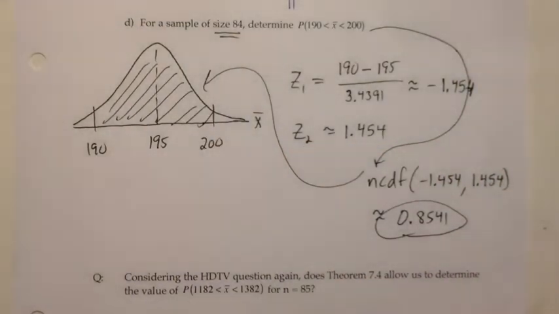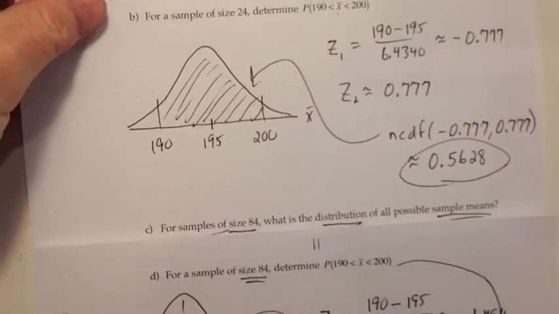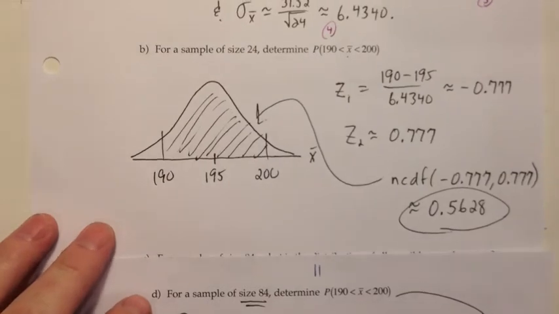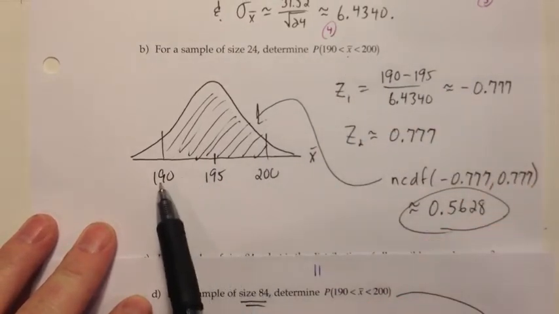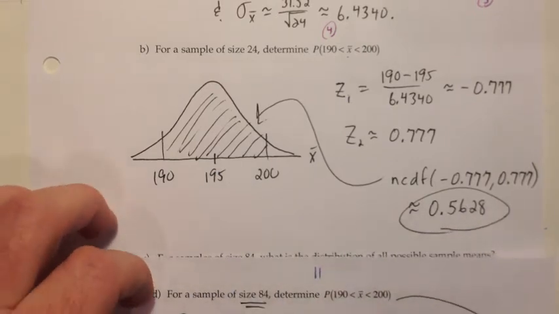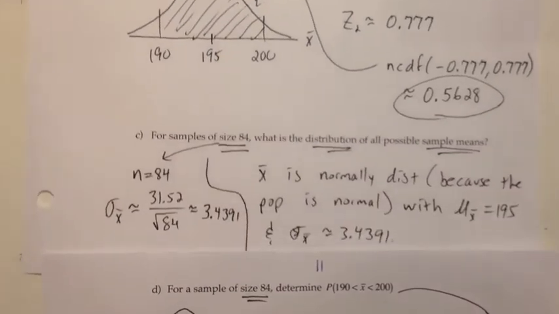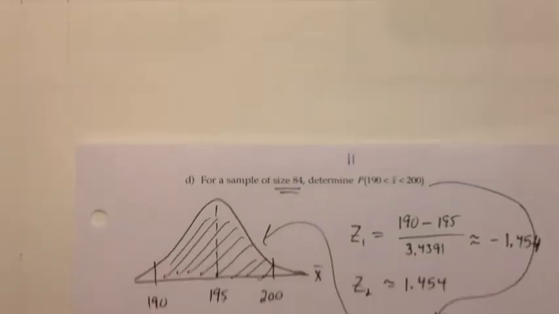Alright, so just kind of a quick summary of what's going on there. We said that if you were to use a sample of size 24, and if you thought of the hypothetical situation where you're getting paid if you land within 5 units of 195, the chance of landing in that distance and getting paid is 56.28%, which is not that good. But if you up the sample size, that'll decrease the standard deviation.